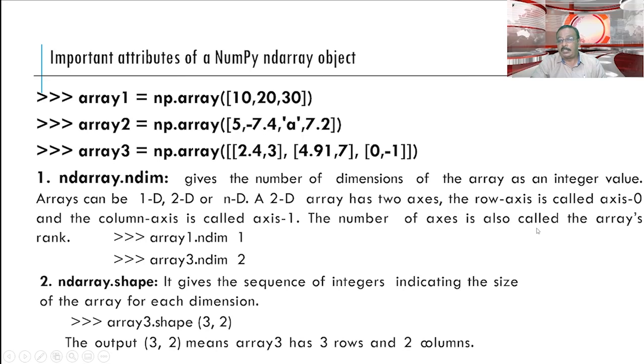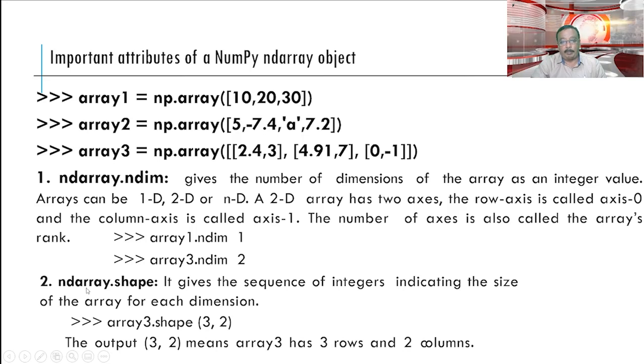The number of axes is also called the array's rank. So if you specify array1.ndim, it will give you 1, because it's a single-dimensional array. But on the other hand, array3.ndim will give you 2, which means it's a two-dimensional array. So ndim will give you the dimensionality.